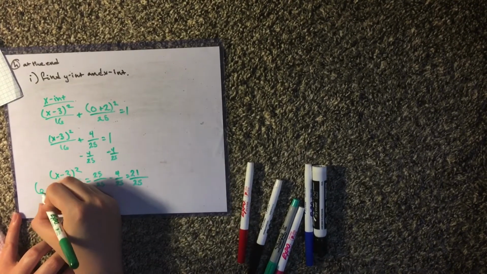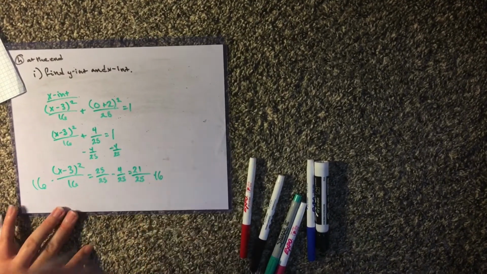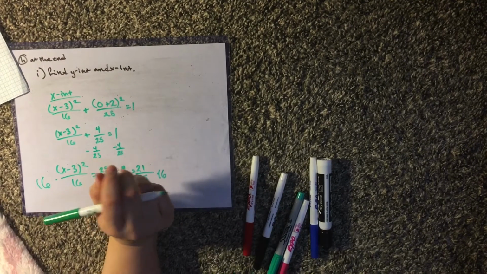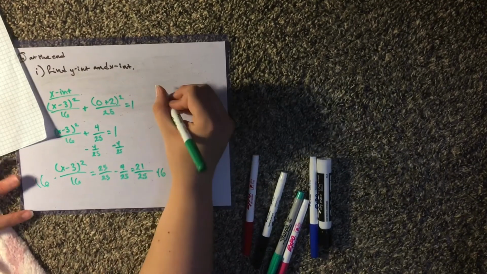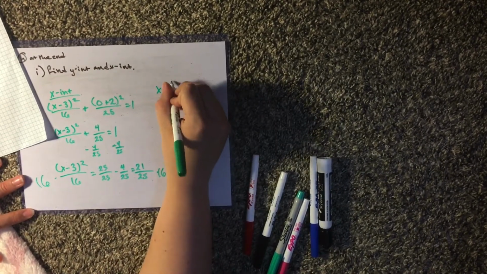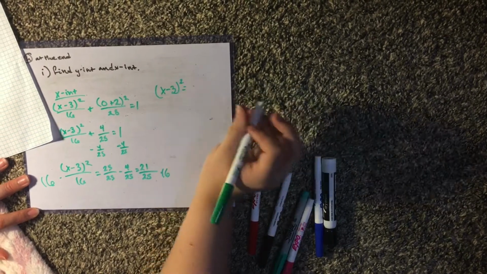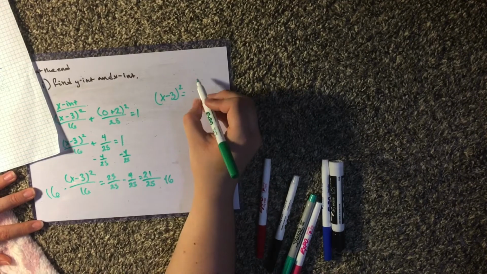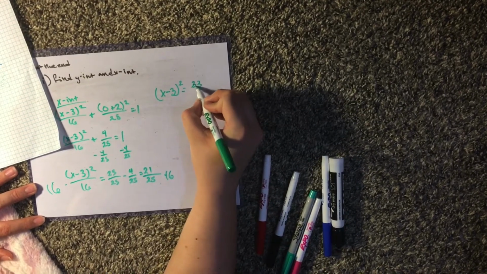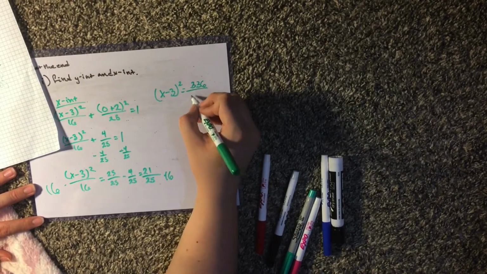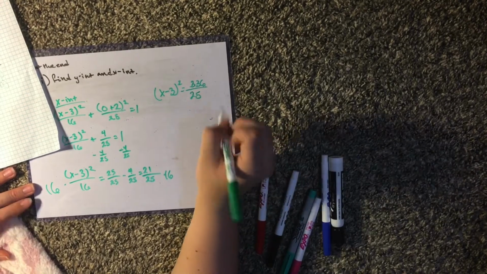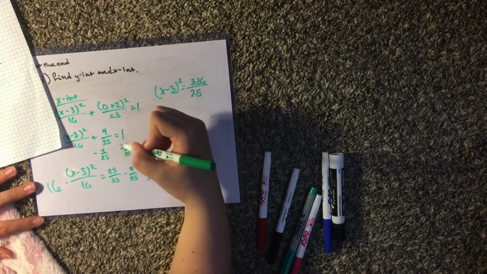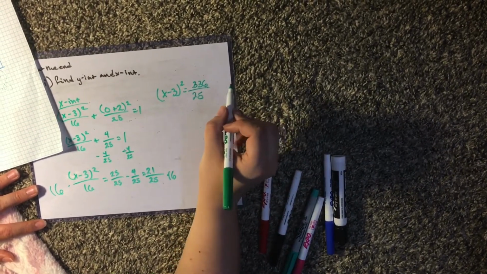Okay, multiply both sides by 16, and that will give me (x minus 3) squared equals 336 over 25. Check, check, check. Perfect.